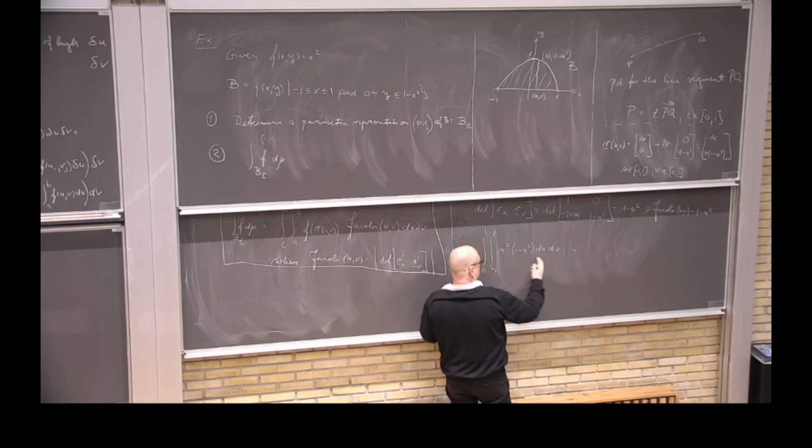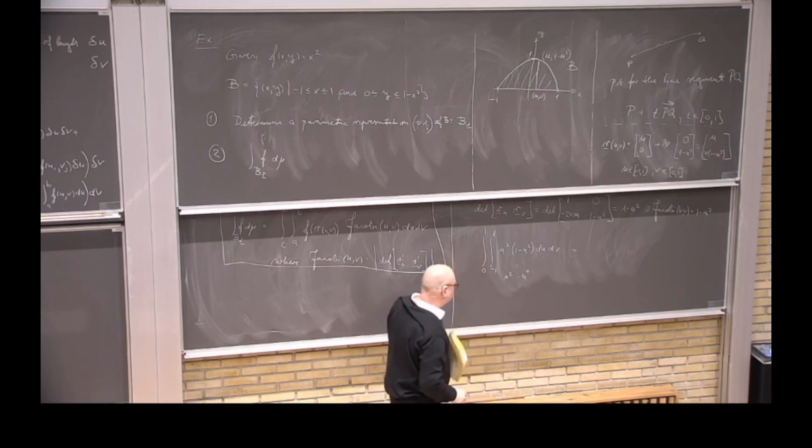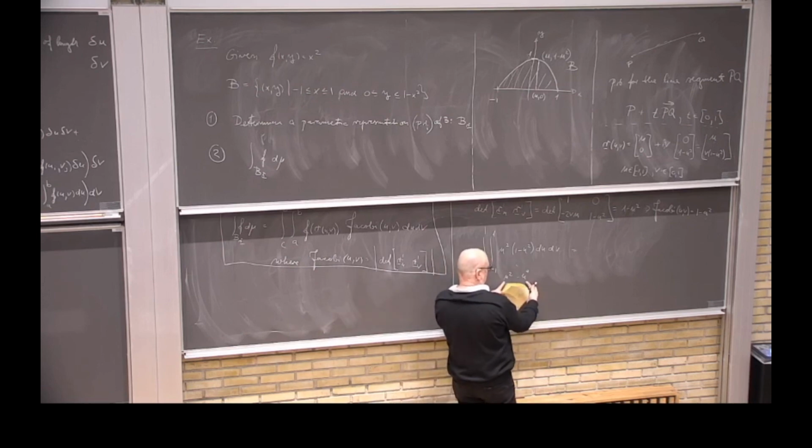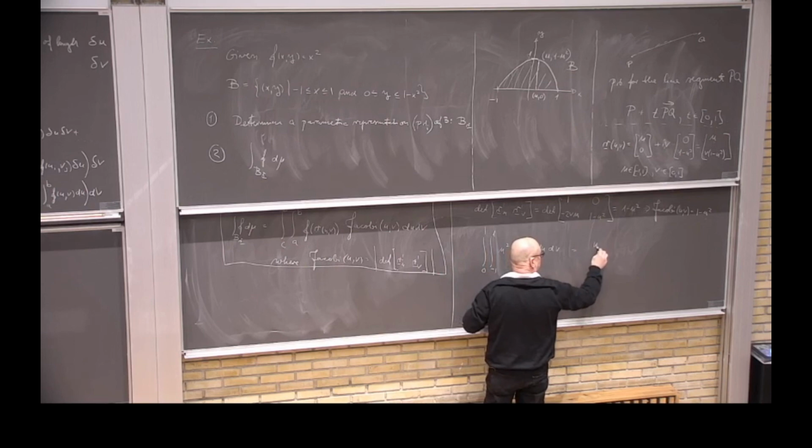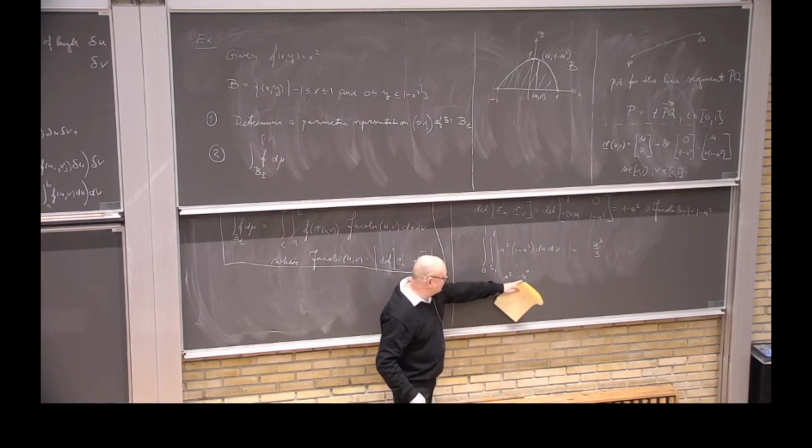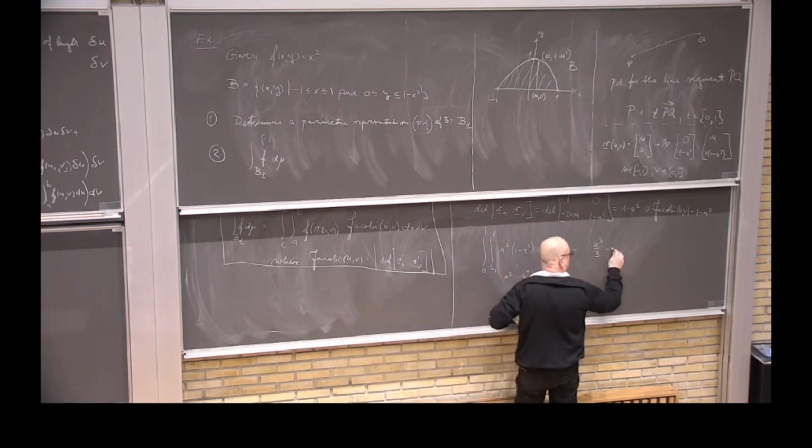The innermost integral, I could multiply this out, I get for the integrand u squared minus u fourth. So the indefinite integral of this one is u cubed over 3, and this one it's u to the power of 5 divided by 5.